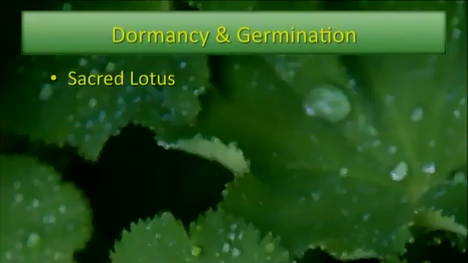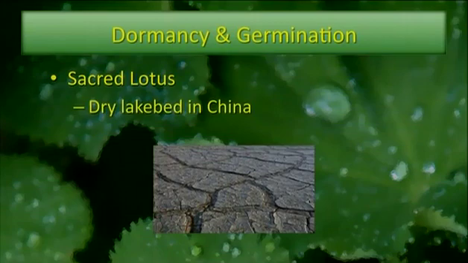So that's like a symbol of somebody's good life. They found the seed of the sacred lotus in a dry lake bed in northeastern China. It had been dormant for more than 1,200 years, in the black clay at about 1.5 to 9 feet depth.